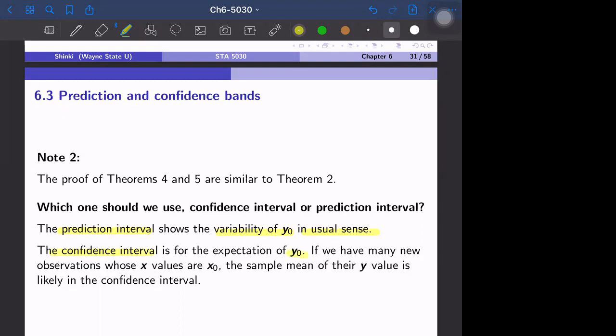If we have many new observations whose x values are x0, then the sample mean of their y values is likely to be in the confidence interval. That is the difference: the prediction interval is for observations, and the confidence interval is for regression lines.